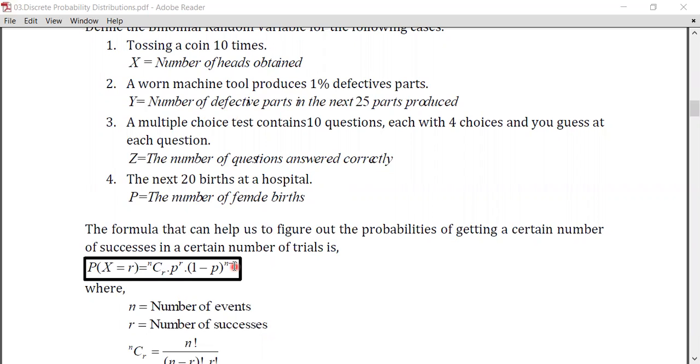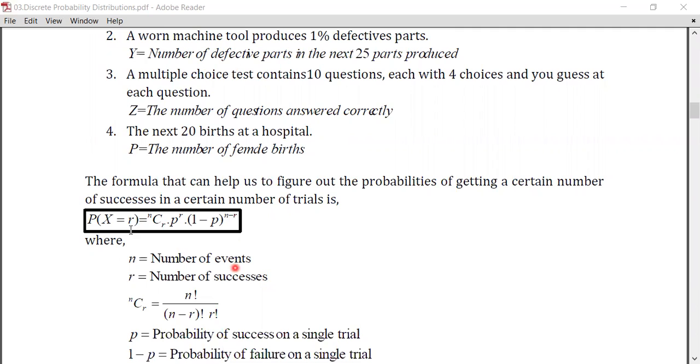If you go through the definitions for this notation, n is the number of events, or we can say the number of trials. Among these n, you may have r number of successes.